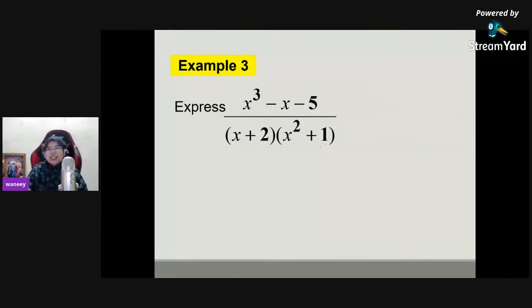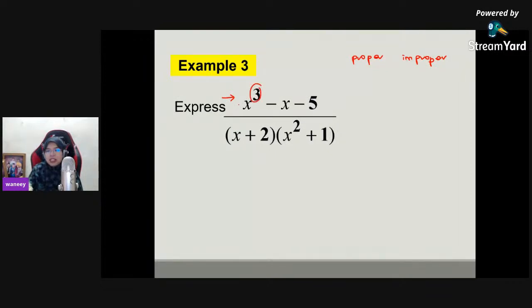Okay, so first, check, is it proper or improper? Okay, so how to know? Check what is the highest power in your numerator and check what is the highest power in your denominator. So the highest power for my numerator is x cubed.